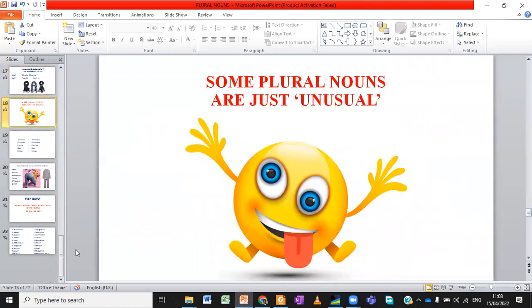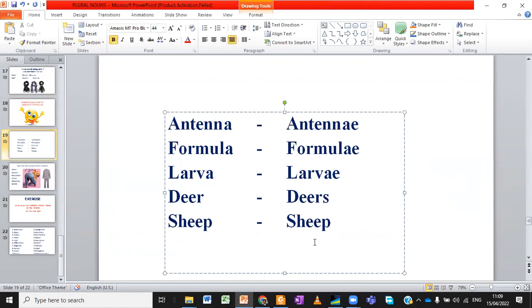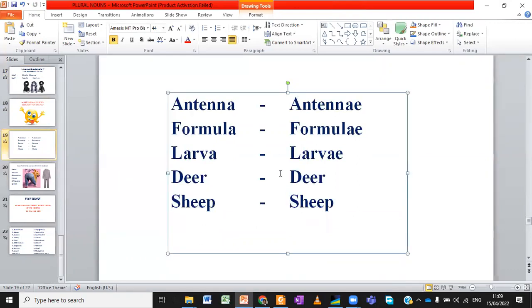Now, let's look at some very unusual plural nouns. Antenna, antennae. Formula, formulae. Lava, lavae. Deer is deer. Or should I add an S here? Deers. Sheep is sheep. Deer is deer, no S. Okay? So these are very strange.